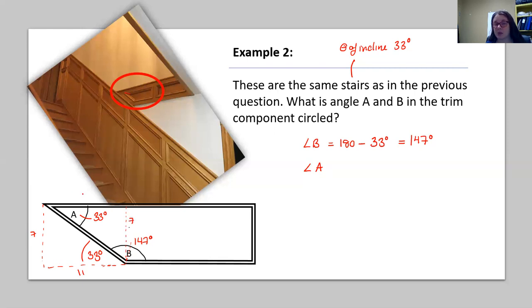It's 11 on the bottom, it has to be 11 on the top. And that's just our side ratio. That might not be the actual measurement of these two pieces, and I didn't even measure them. I just looked at one step. But the rise-run ratio here will have to match the rise-run ratio of the stairs, which was a run of 11 and a rise of 7.